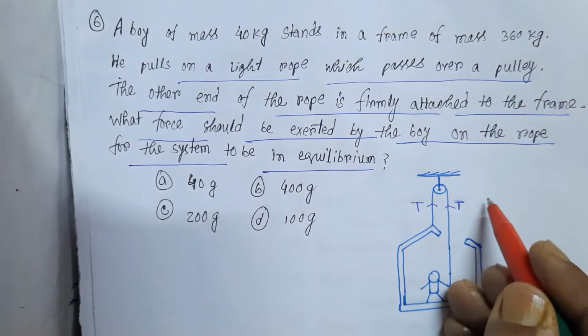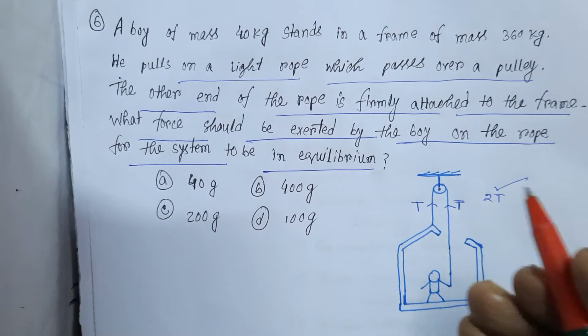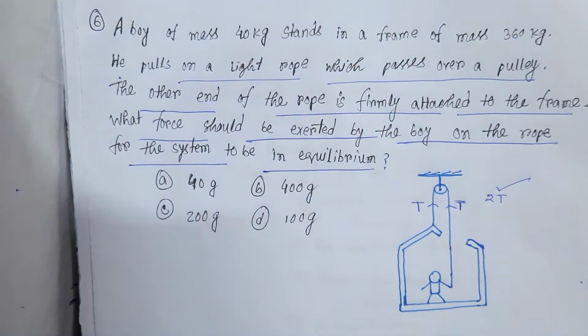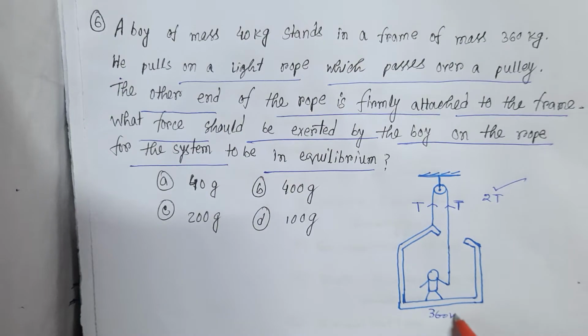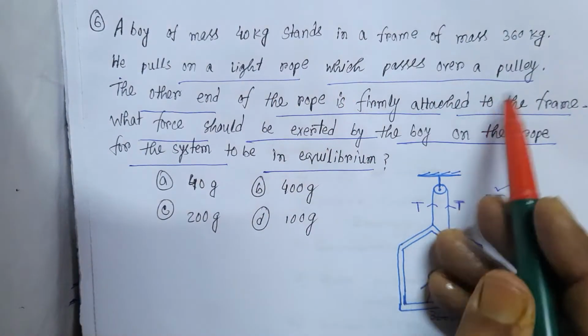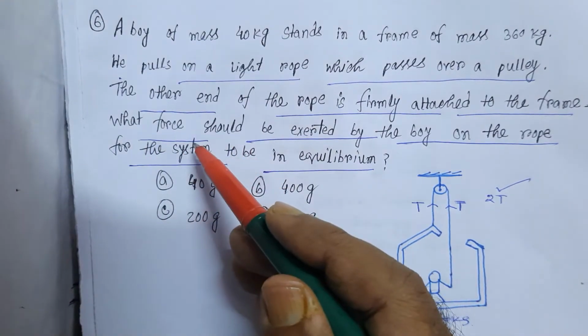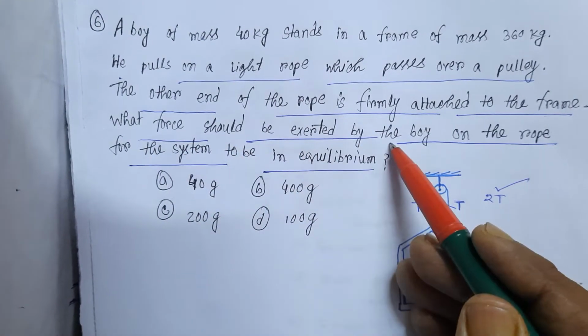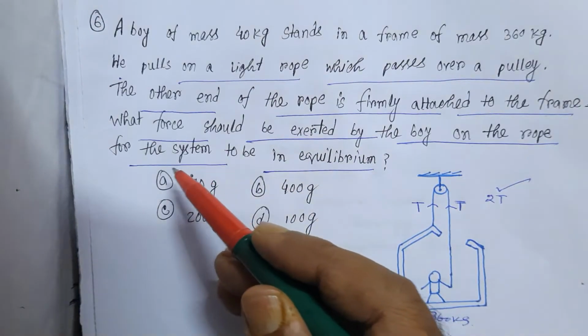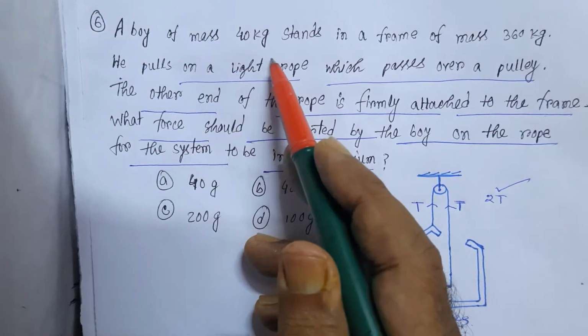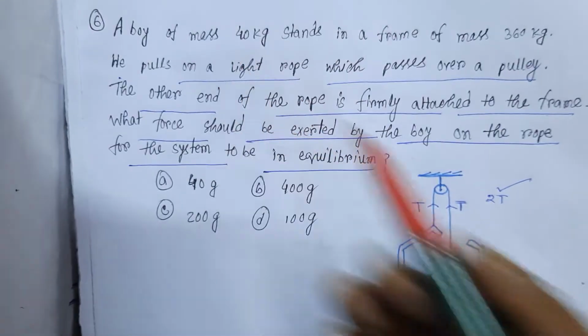So the total upward tensional force is twice T. The mass of the frame is 360 kg and the mass of the boy is 40 kg.